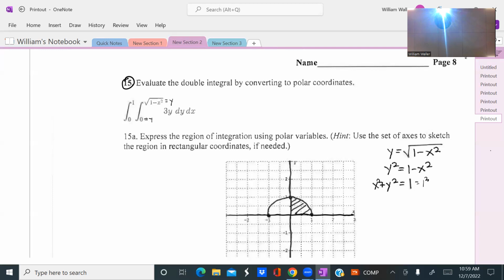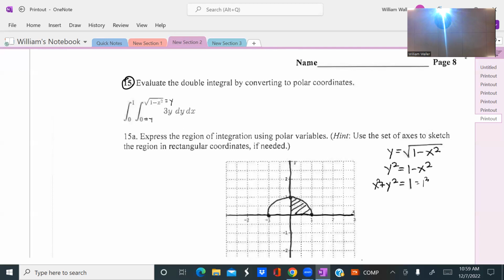So you get this circle, but remember, we had y was the positive square root of 1 minus x squared. So that means we're only going to get the top half of the circle here, right? So just looking at these limits of integration, you can see your region of integration is just this semicircle, the top half of the circle, but we only want x to go from 0 to 1.